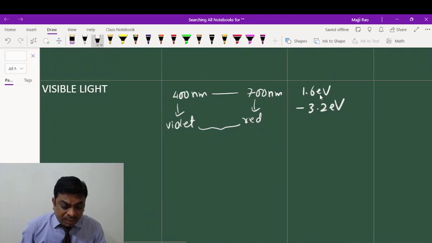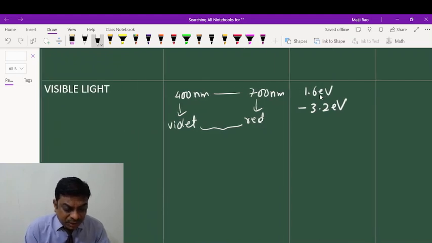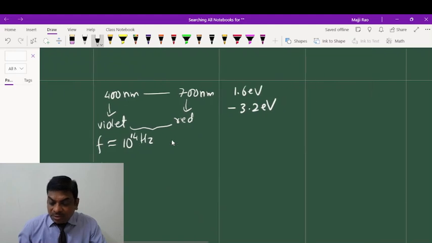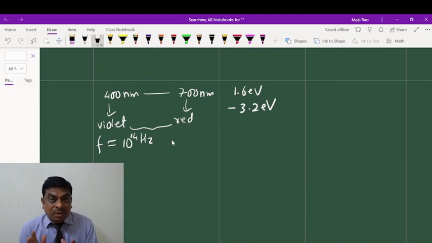And frequency wise, it is of the order of 10 power 14 hertz, roughly. Production: we know that in the hydrogen spectrum, the Balmer series corresponds to the visible range. You all know this Balmer series.